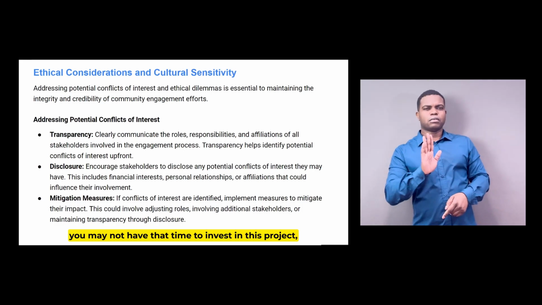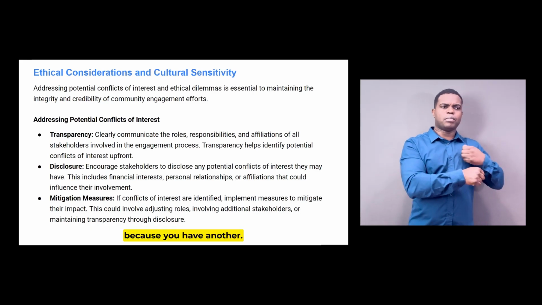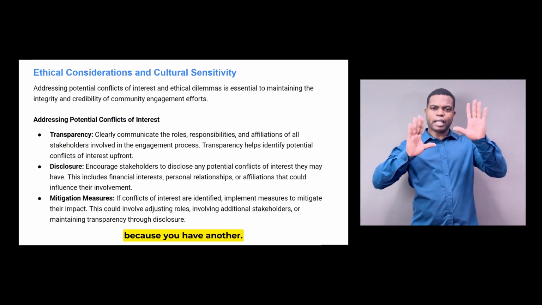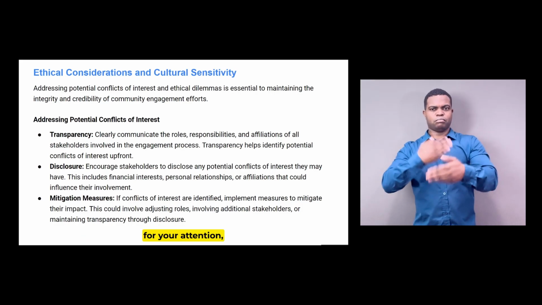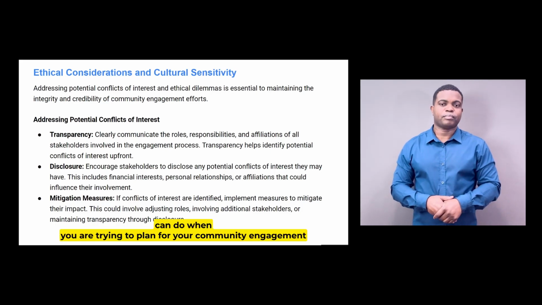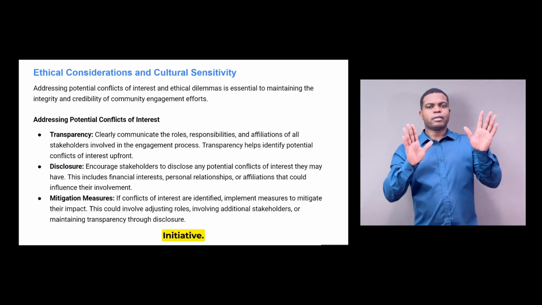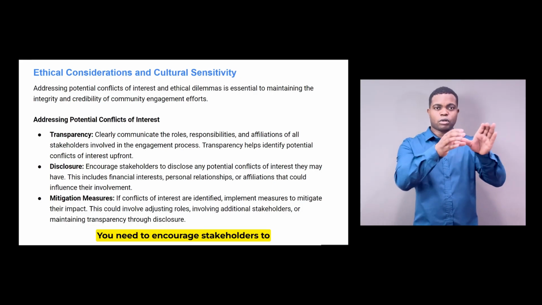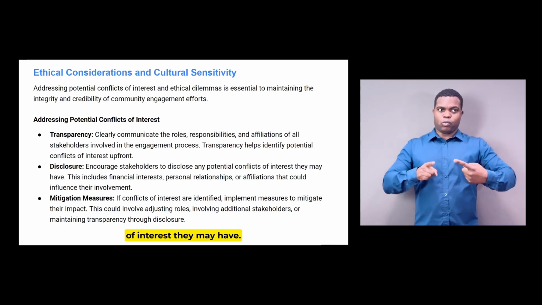You may not have the time to invest in this project, because you have another similar engagement that is dragging for your attention. So the same thing you can do when you are planning your community engagement initiative. You need to encourage stakeholders to disclose any potential conflicts of interest they may have.